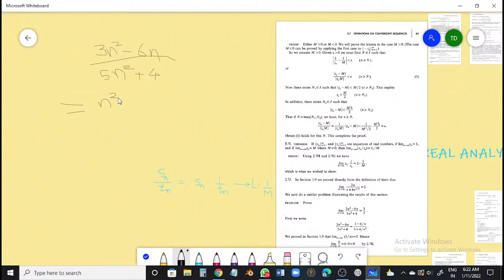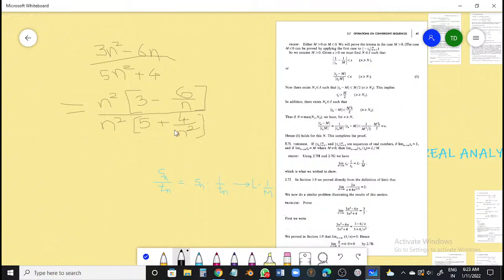As we stated, from the numerator we got 3 minus 6 over n, and in the denominator we saw it was n square, and inside we have 5 plus 4 by n square. The same fact we used to utilize up till now.